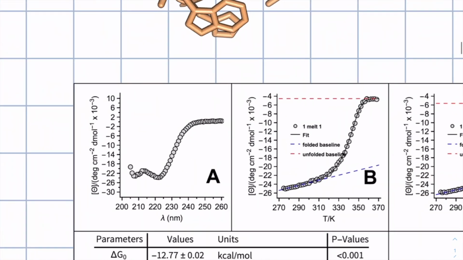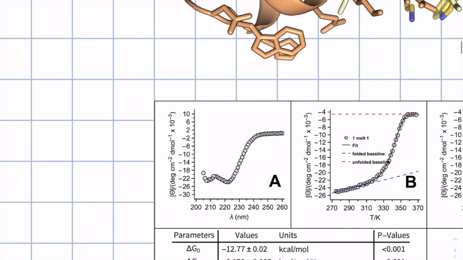So here is a graph of CD data obtained from my lab. Here is wavelength on the x-axis. On the y-axis is a term called molar ellipticity, in unintelligible units, but it's related to the differential absorption of left versus right-handed circularly polarized light.